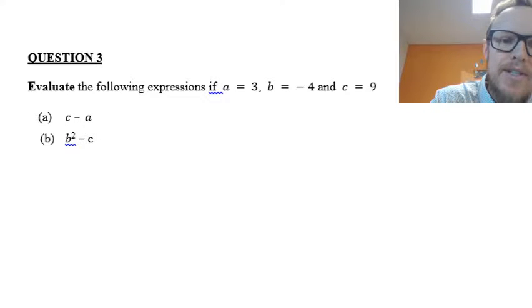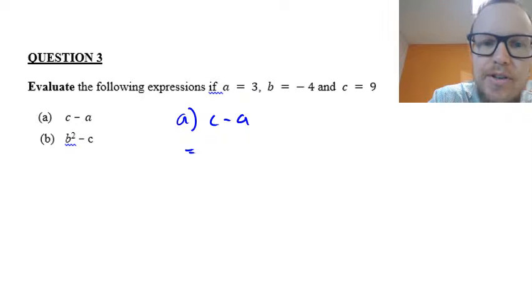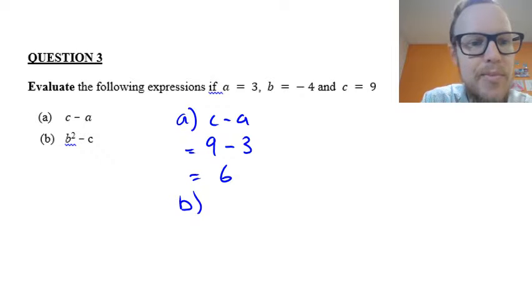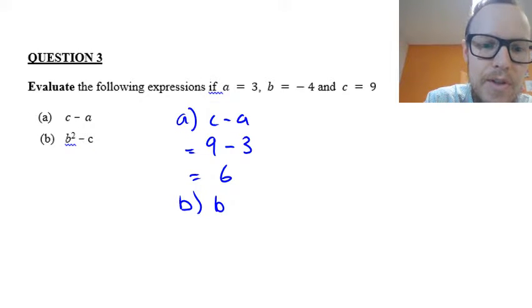For these questions here, substitution, we've got c minus a. We need to show that substitution. So showing that substitution, 9 minus 3 equals 6. And b, this is where a lot of people can get quite confused, with b squared minus c.